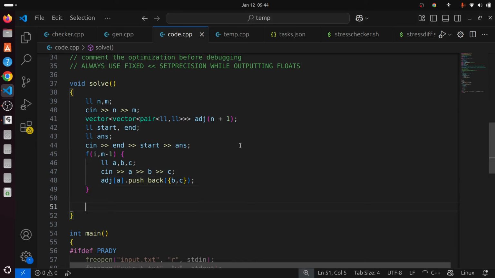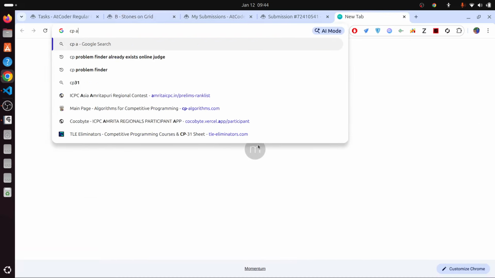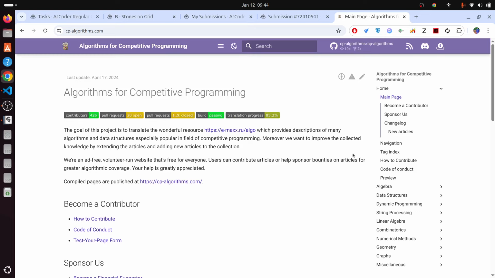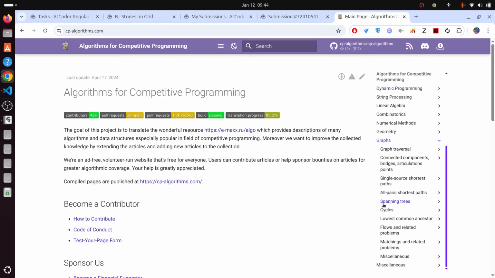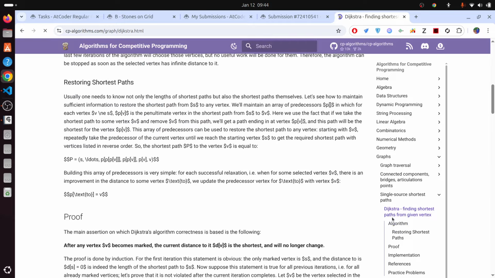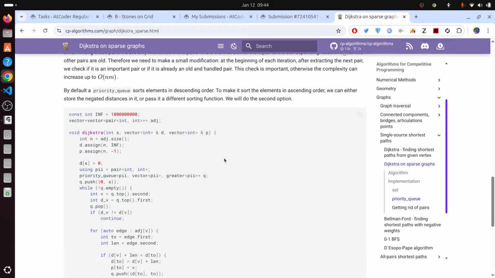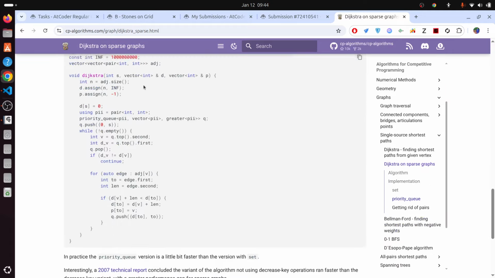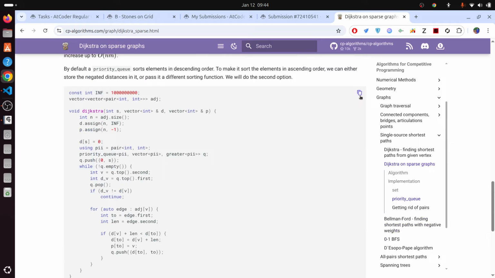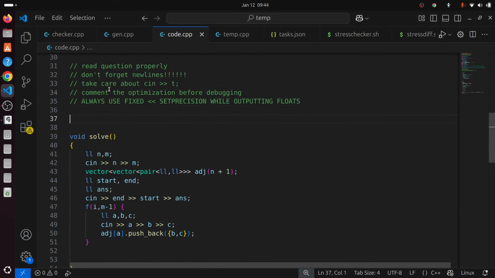So I'll copy the code for the Dijkstra from CP algorithms. Even though I know how to write it, I'll probably mess up because I am recording right now. So let us copy the code for Dijkstra on sparse graphs. So this is the function.